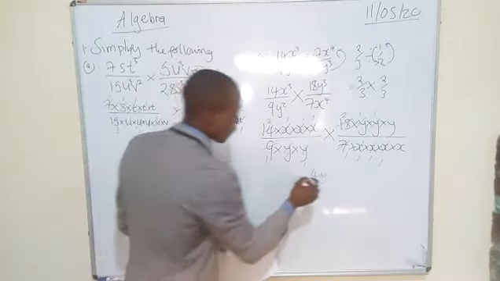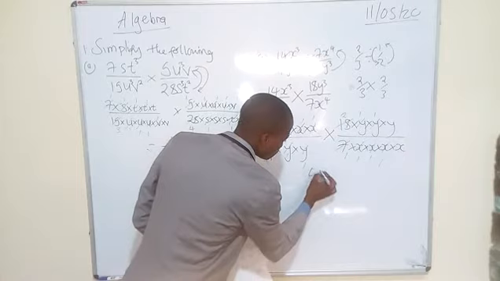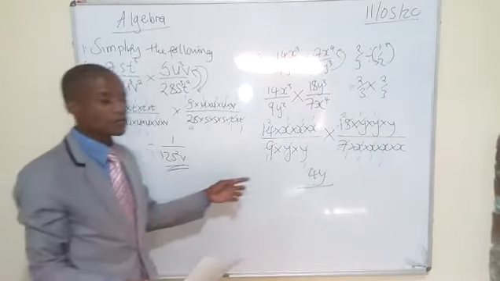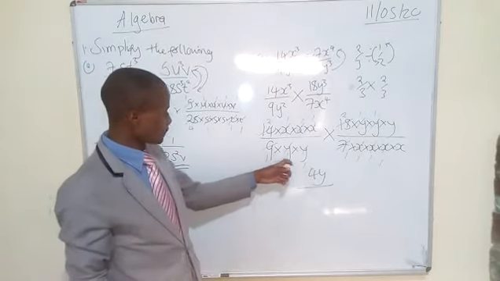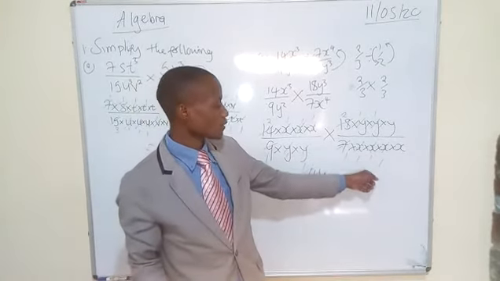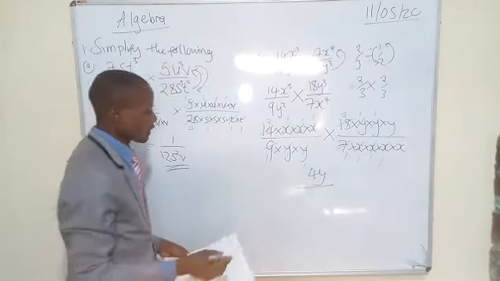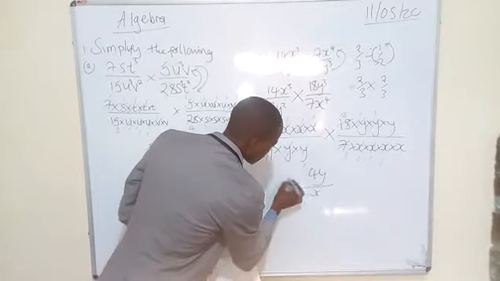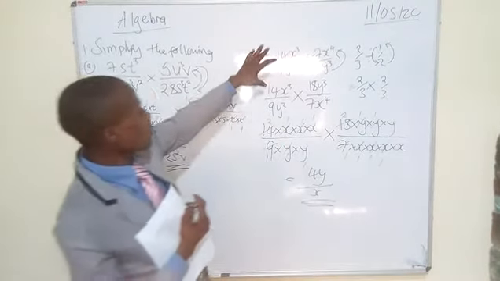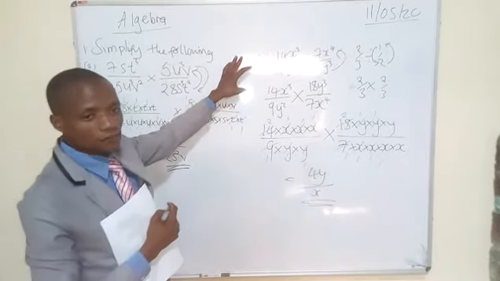So this would be 4y over what you have remained with at the bottom: 1 times 1 times 1 is 1, times 1 times 1 times 1 is 1, then times x, which is x. So we have 4y over x. This is the answer we get when we evaluate this algebraic fraction.